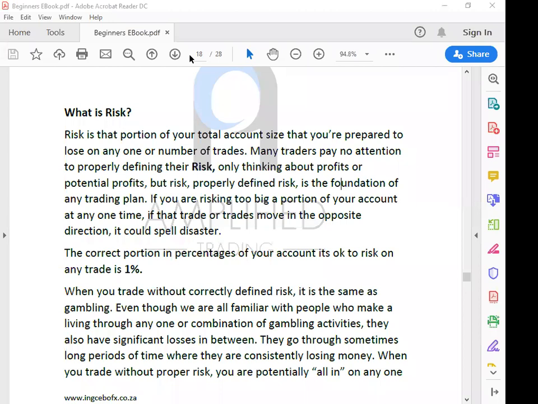You think that is 1 lot, but it's actually not. It's basically $1 per pip. Which means if the market moves in your direction 1 pip, you are going to make $1. If the market moves against you 1 pip, you are going to lose $1. So that is actually the pip value.